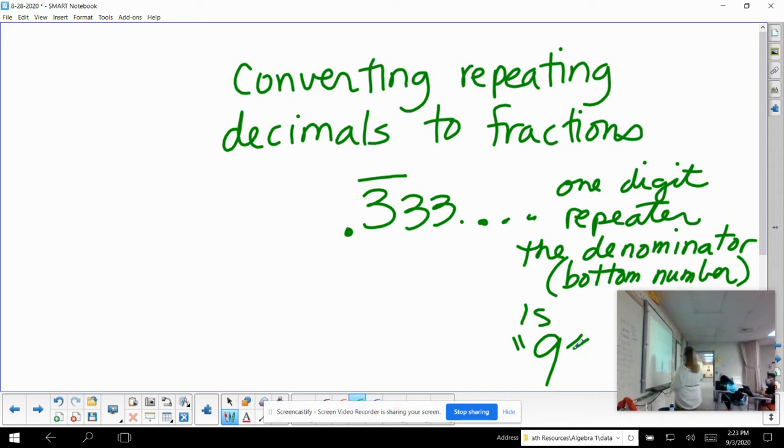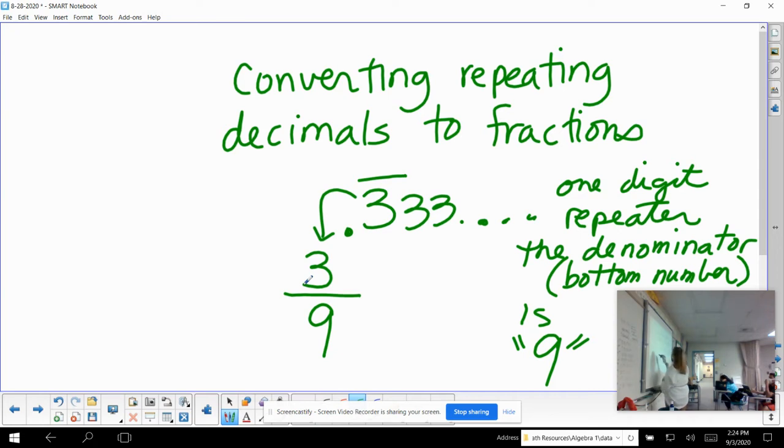So this is a fraction that has a 9 in the bottom, and the 3 is the top number. So the repeating decimal is the top number, and 9 is always the bottom on a single repeater. Now this isn't what Khan Academy is looking for.